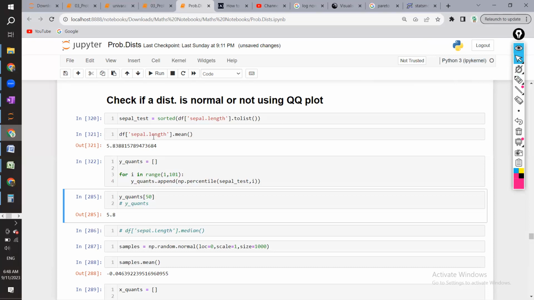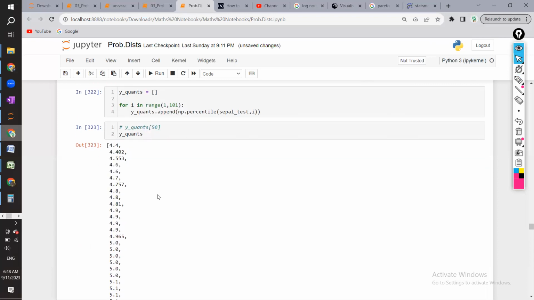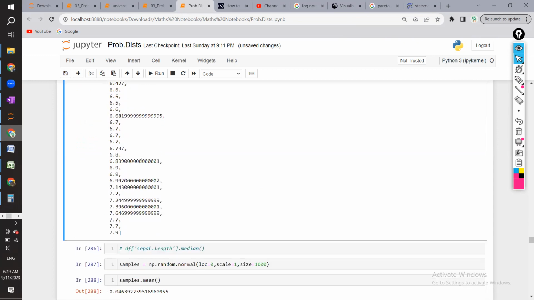Okay, so once I do this, let me show you y counts. See, this is the first percentile, not quantile, first percentile, second percentile, third percentile. Okay, like that.